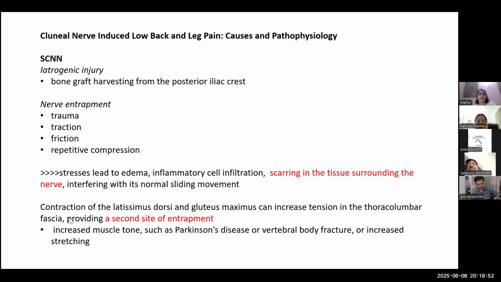It's also been seen that contraction of the latissimus dorsi and the gluteus maximus can increase tension in the fascia, and it can provide a second site of entrapment at the gluteal fascia. So in diseases like Parkinson's or in vertebral body fractures, or in cases where there is hyperactivity with increased muscle tone, there can be a second site of entrapment of these nerves.